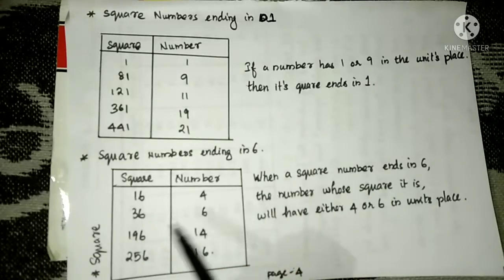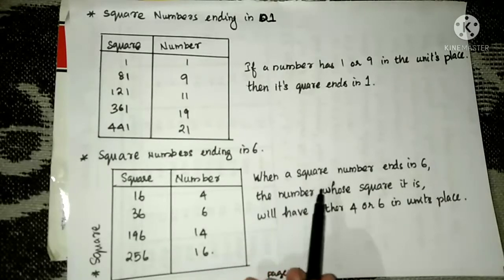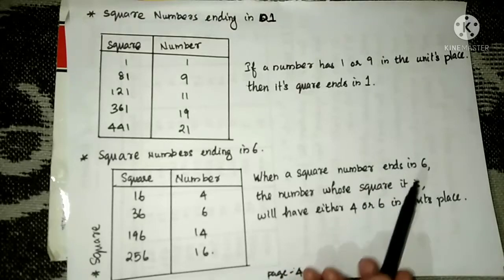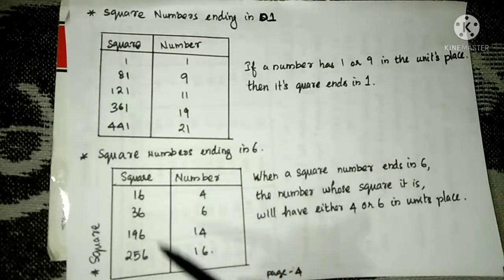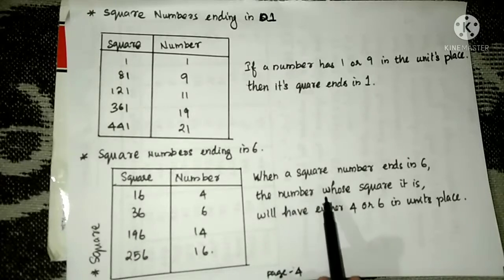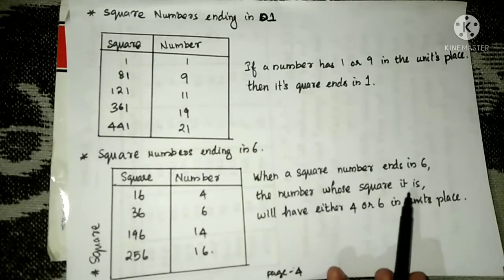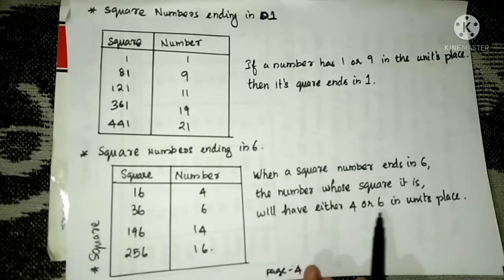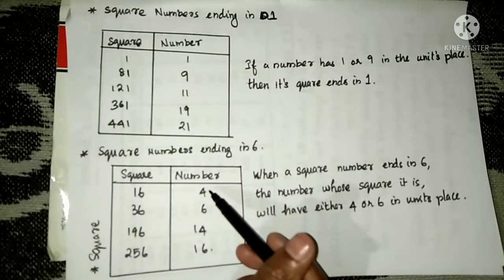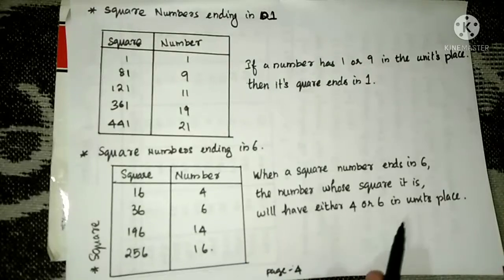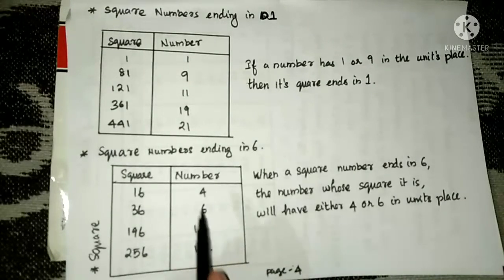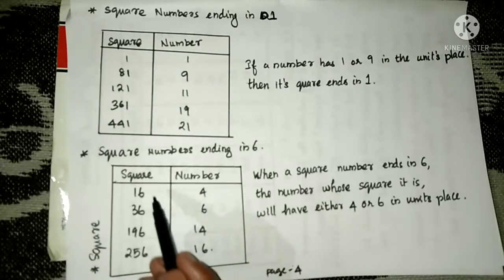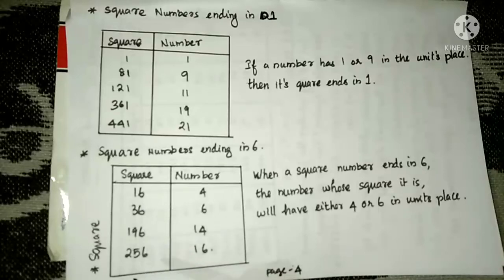So we can understand that when a square number ends in 6, the number whose square it is will have either 4 or 6 in its units place. Otherwise we can say that if a number ends with 4 or 6, its square ends in 6.